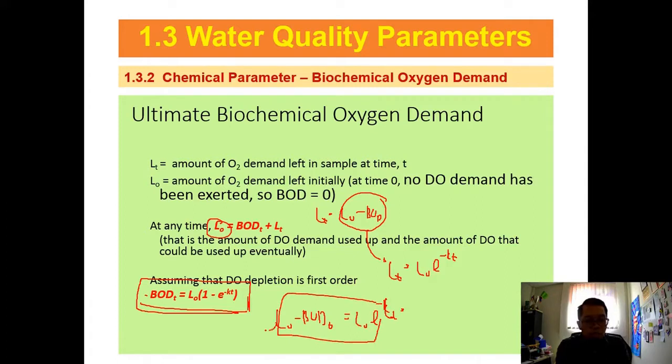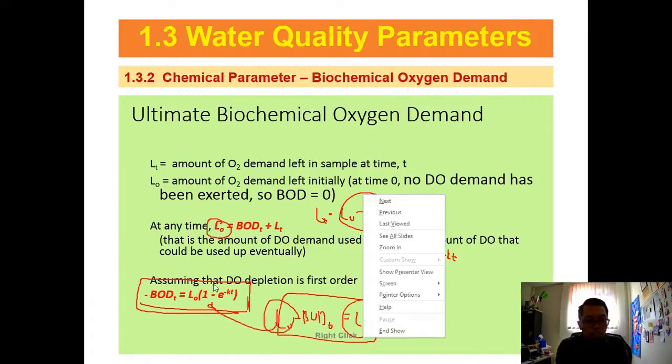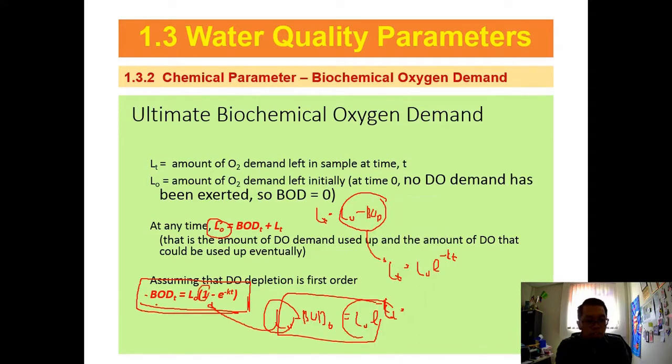Simplify, and you get BODt equals L0 times 1 minus exponent negative kt. So to find the BODt at any time, BOD5, BOD6, BOD7, you can use this formula.